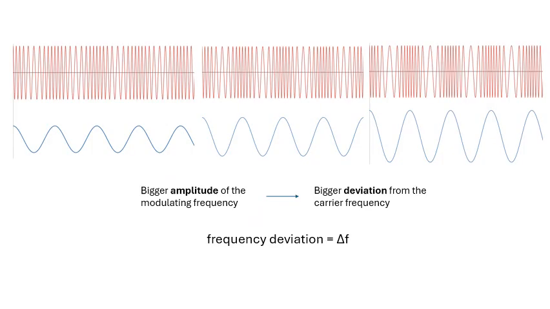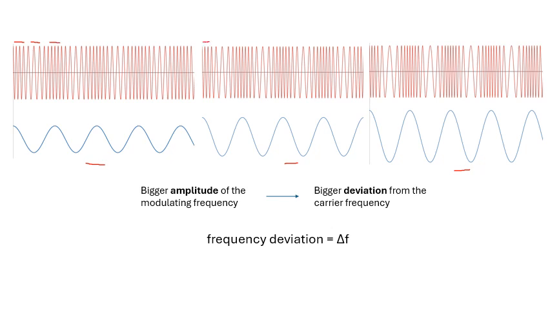Now, how do you carry information about the amplitude? Well, the bigger the amplitude of the modulating frequency, then the bigger the deviation from the carrier frequency. If you look at this diagram, hopefully that will explain that. So from left to right, the amplitude is getting bigger. Now, see what difference it makes on the diagrams above. So the deviation in frequency there is quite small.